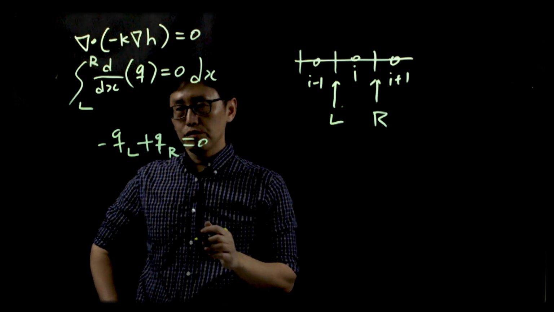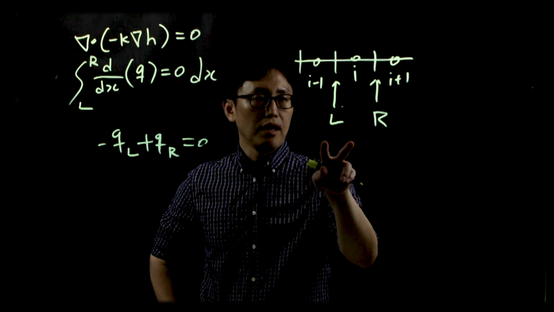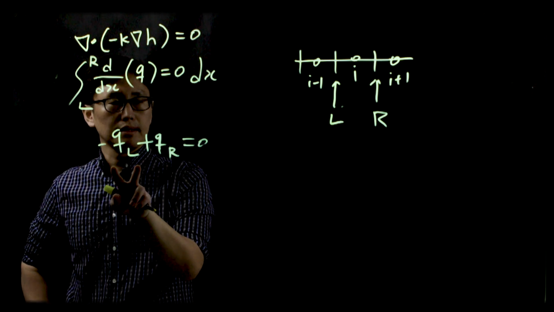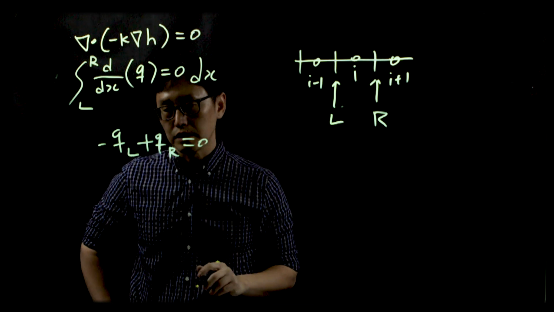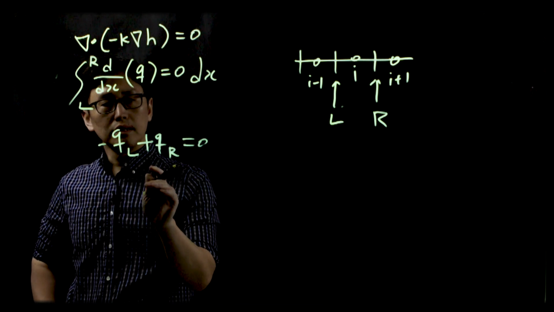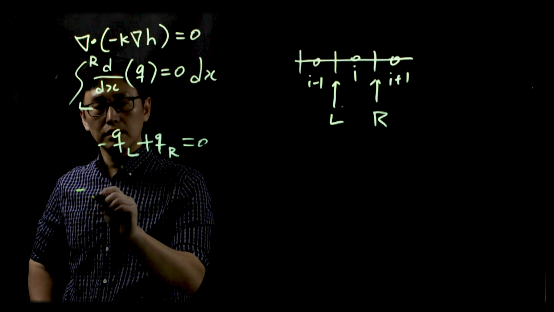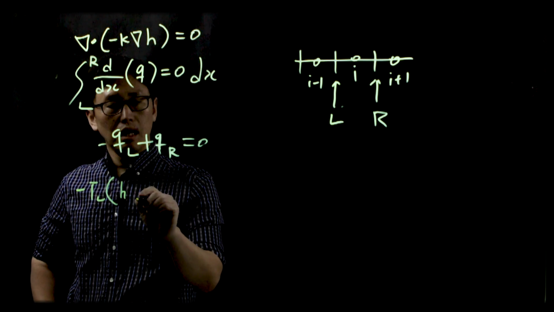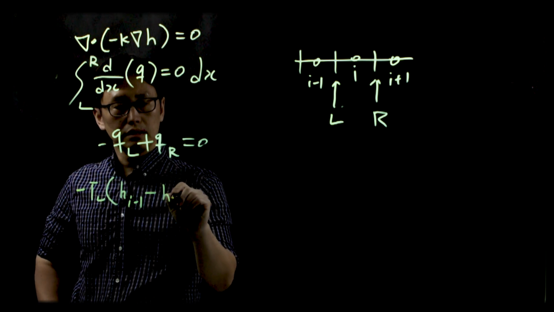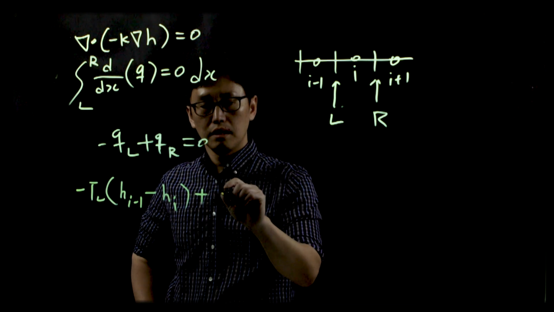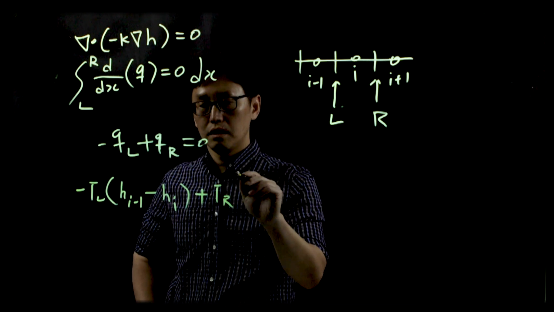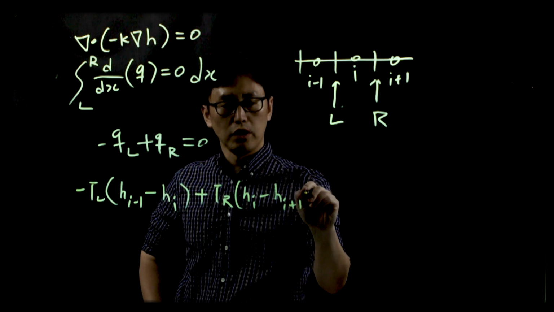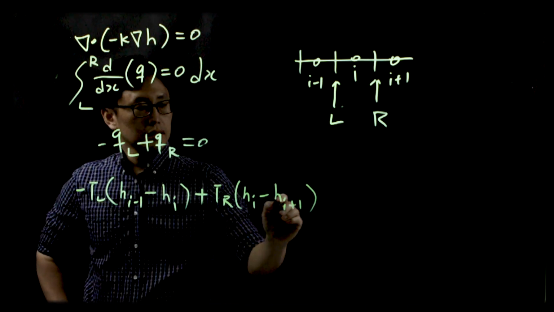And we learned how to derive the transmissibility term and how to express this Darcy flux using that transmissibility term. So here this can be written as minus T_L times (h_{i-1} minus h_i) plus T_R times (h_i minus h_{i+1}), and this is equal to 0.